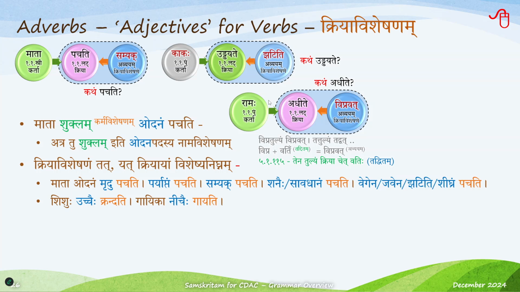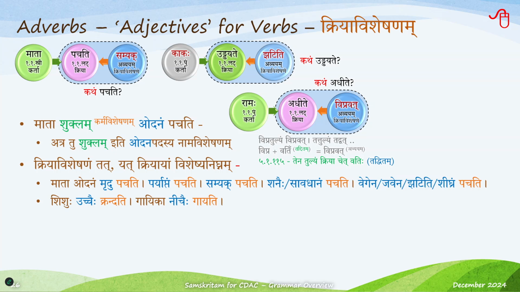Samyak Adite could be one answer. Or you can bring Vipravat Adite, just as a normal Shastri has to learn. That way he learns. Vipravat Adite. Kriya Visheshanam, Vat Pratyaya has been brought in. It's an Avyaya, but that Vat has made the Vipra Shabda an Avyaya.